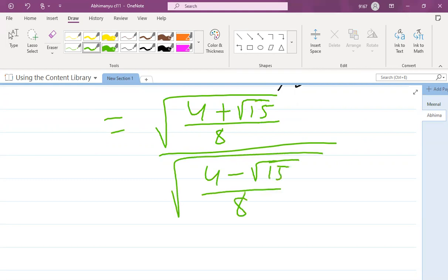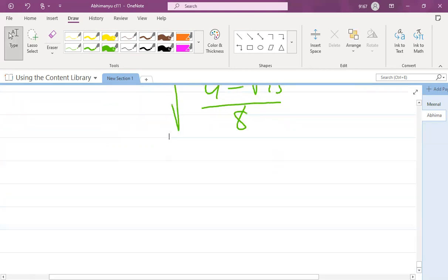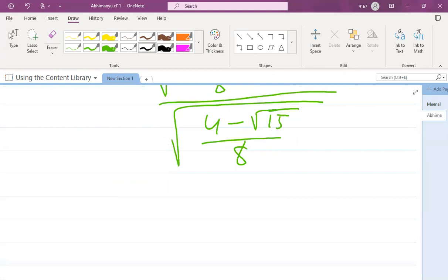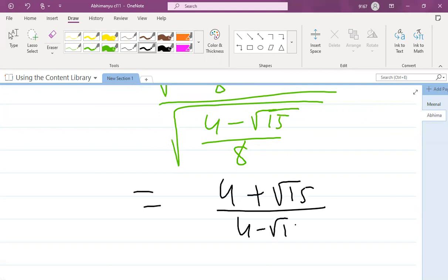Okay. So root 8 got cancelled. 4 plus root 15 upon 4 minus root 15. This will be the answer.